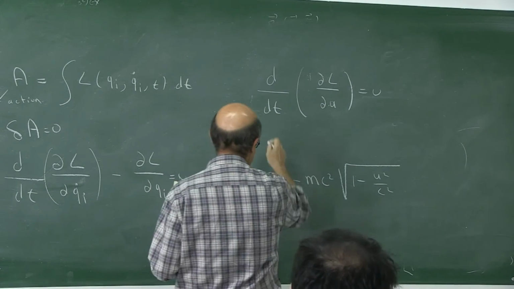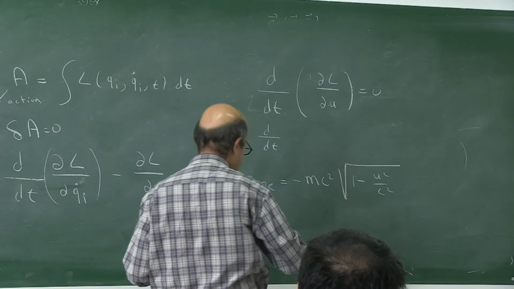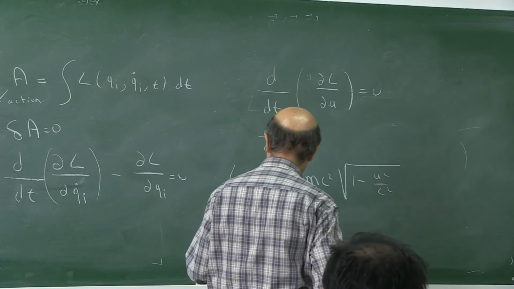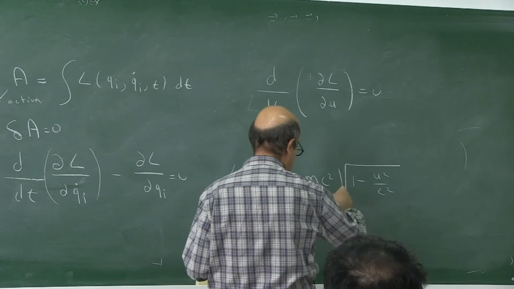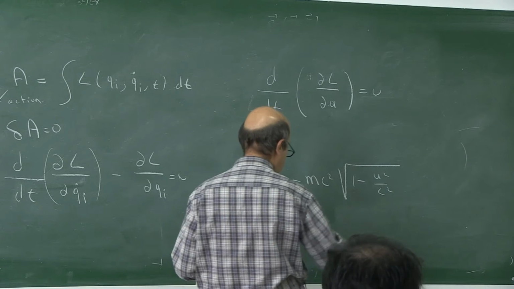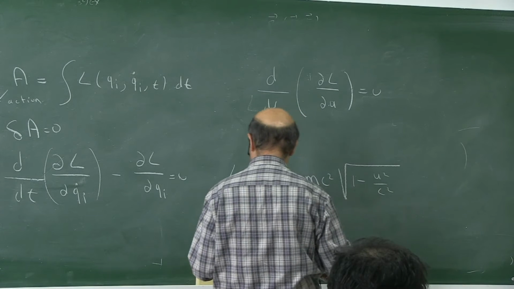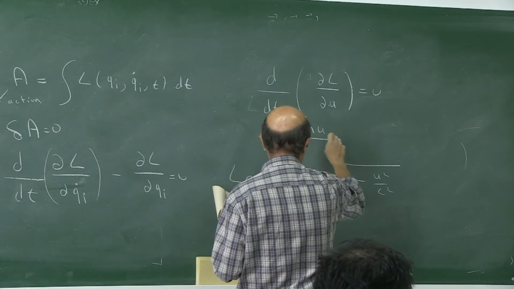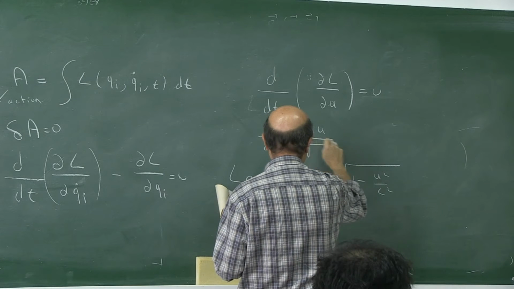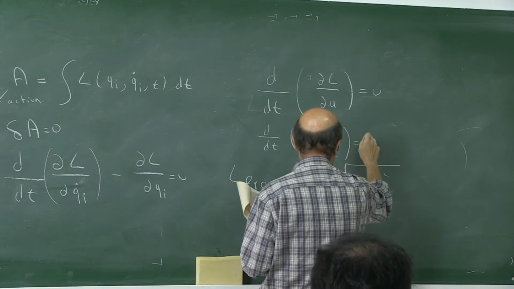So if you take the derivative, you will obtain d over dt of what? If you take the derivative with respect to u, you will obtain mu over the square root of 1 minus u squared over c squared is equal to 0.